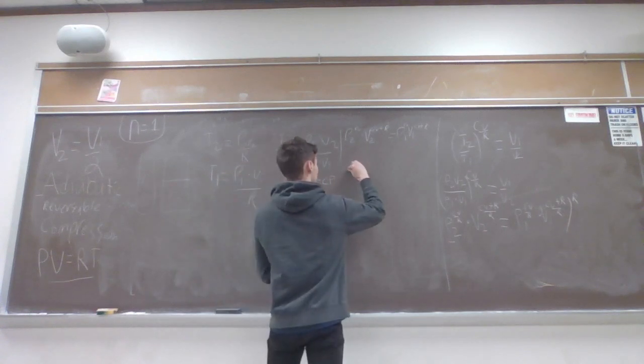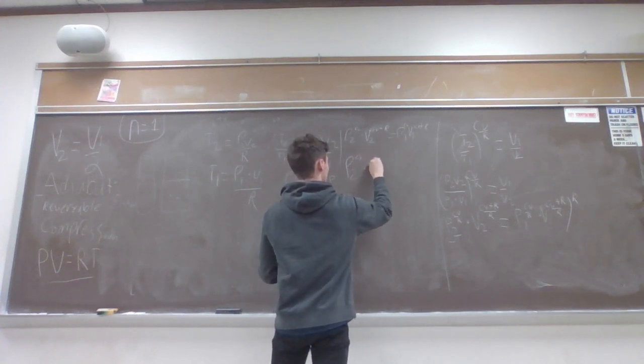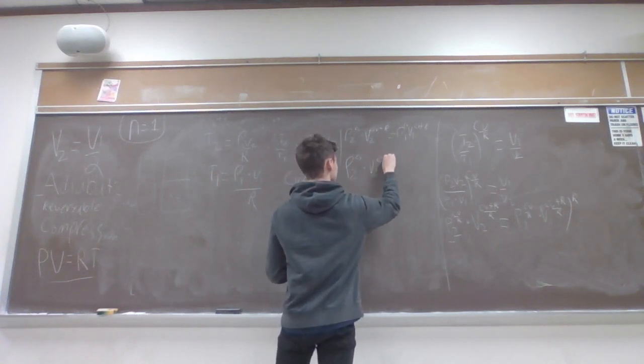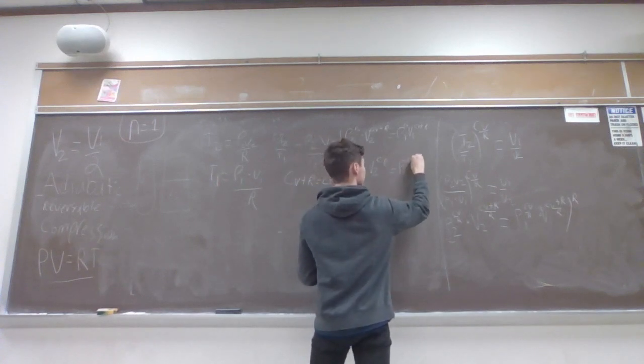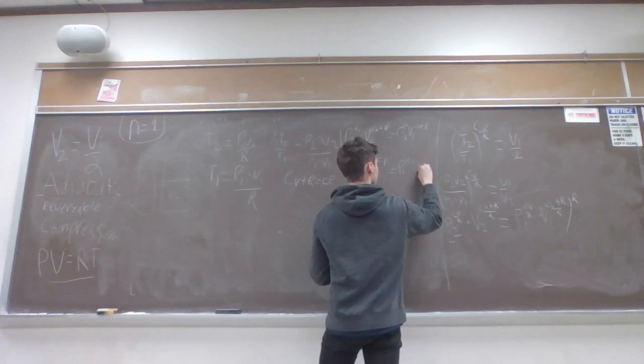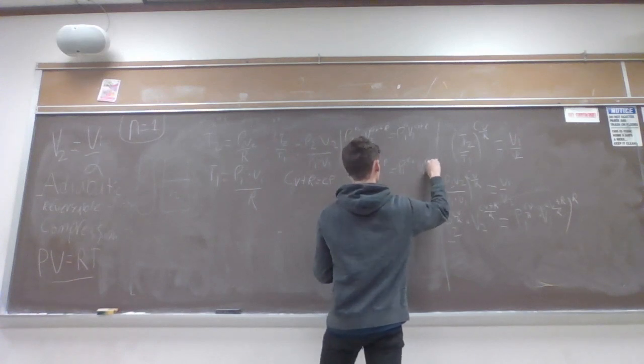So we would have P2 Cv multiplied by V2 of Cp equals P1 of Cv multiplied by V1 of Cp.